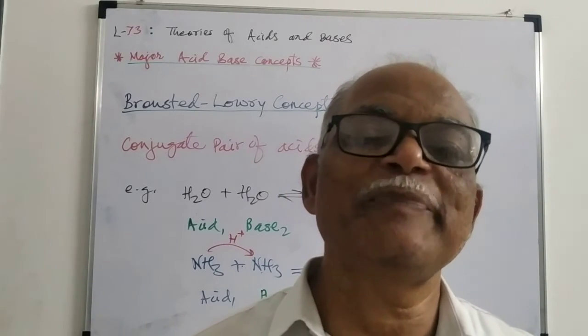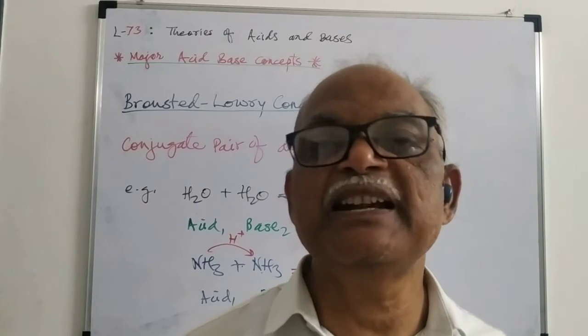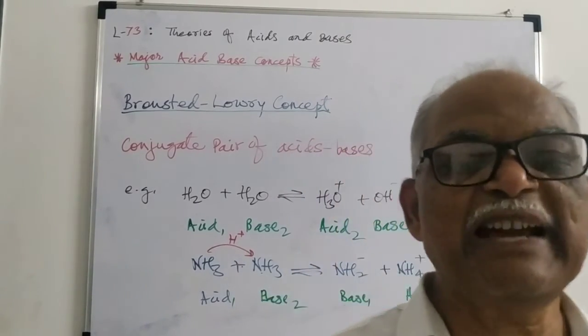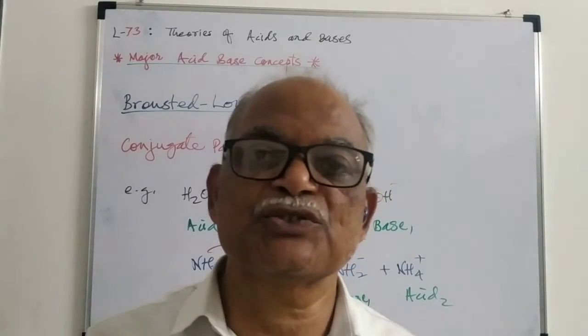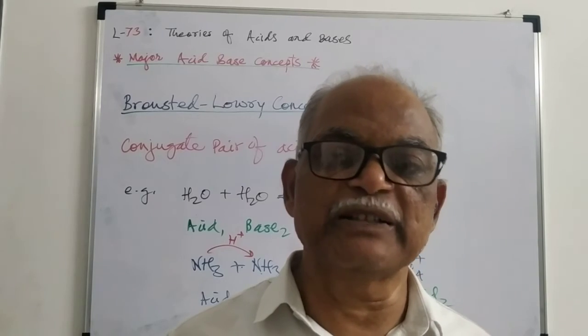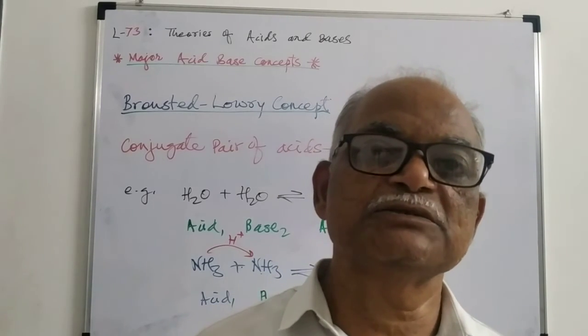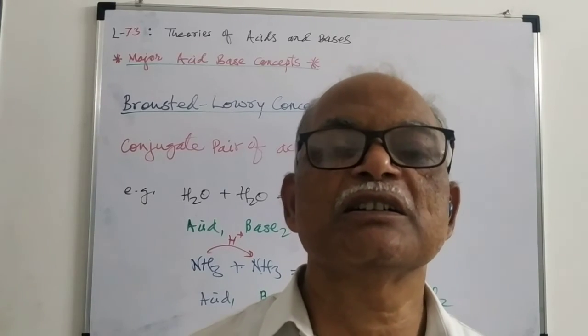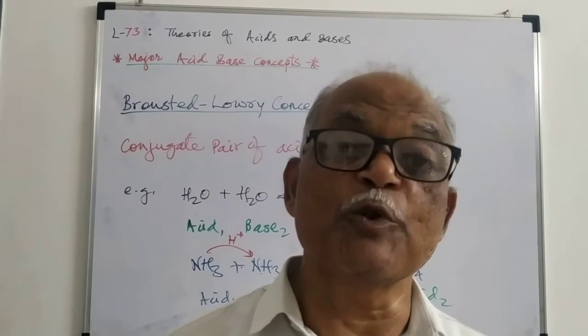So the strength of an acid or base depends upon the nature of the solvent. Some acids and bases are stronger in water, that is, aqueous medium, and are relatively stronger still in another solvent like ammonia.